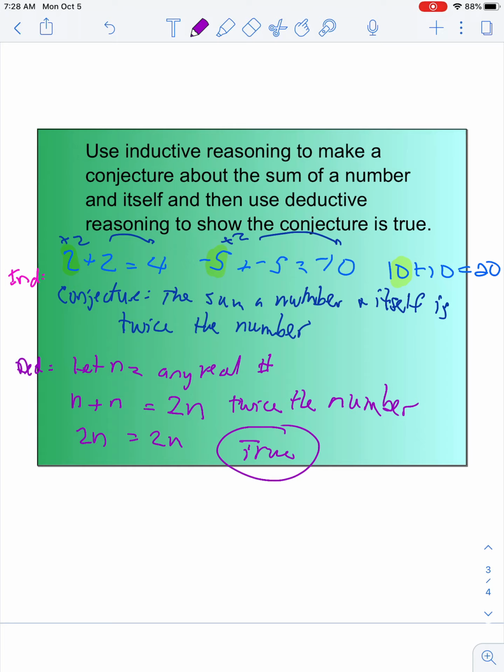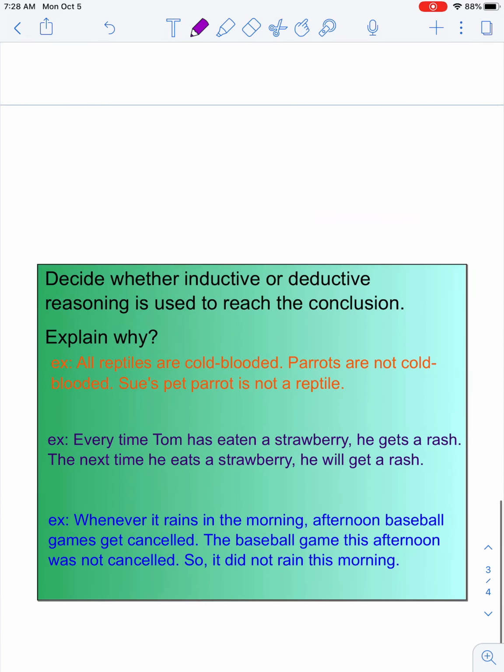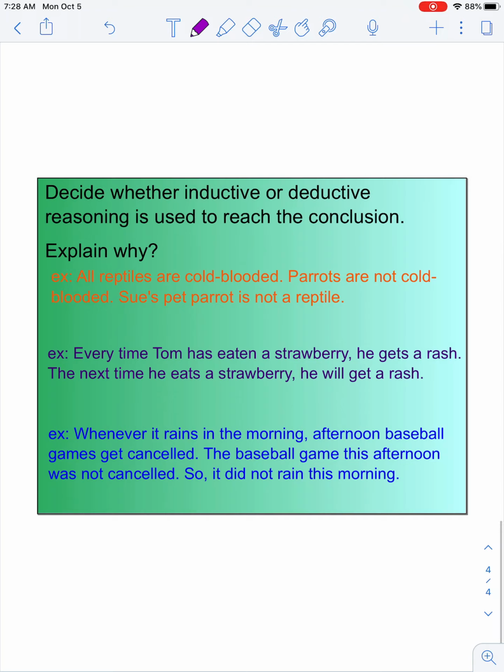So that's just a little bit of information to help you understand the difference between inductive versus deductive reasoning. And so if you look at these examples and you try to determine whether inductive or deductive is used, you have to determine whether you're basing it on observations and specific examples or facts. So let's look at this first example. It says, decide whether inductive or deductive reasoning is used to reach the conclusion and why.